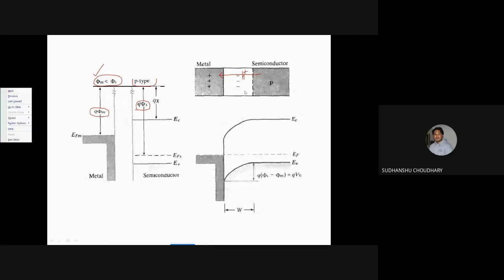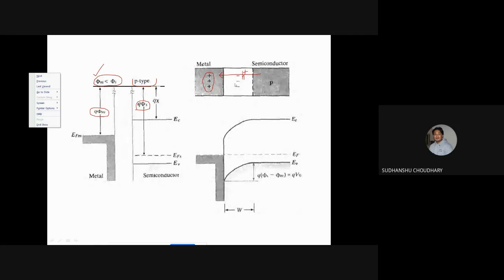When holes leave, they obviously leave behind the acceptor ions. Because of the holes leaving and coming into the metal side, at the junction near the metal, positive charges will be induced or deposited. One can say that because negative charges are present on the semiconductor side, positive image charges are produced on the metal side.